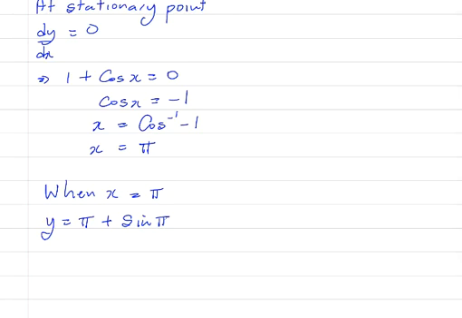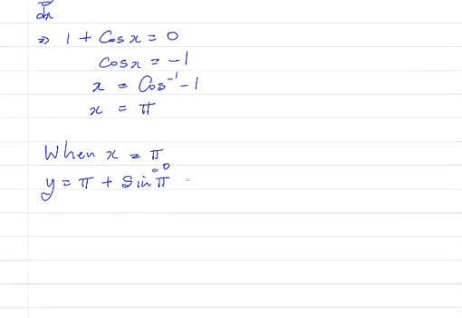The sine of 180 is 0. So y is equal to pi. So x is pi, y is pi, is the turning point.